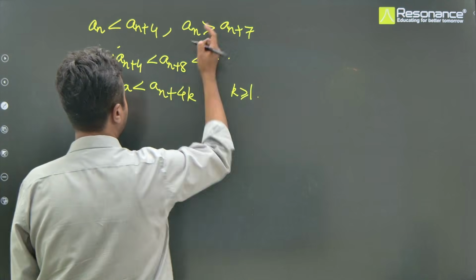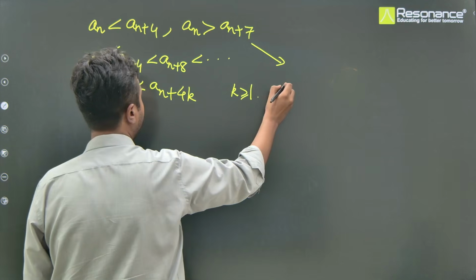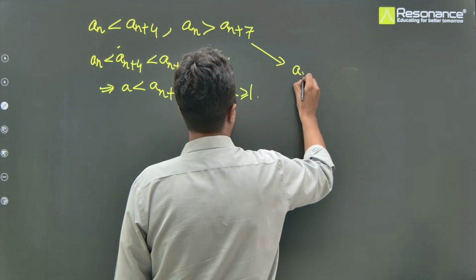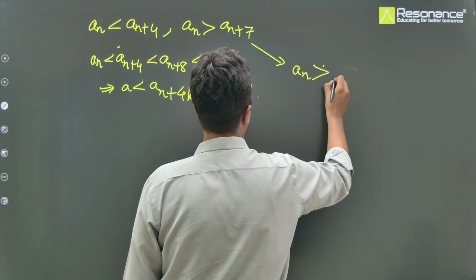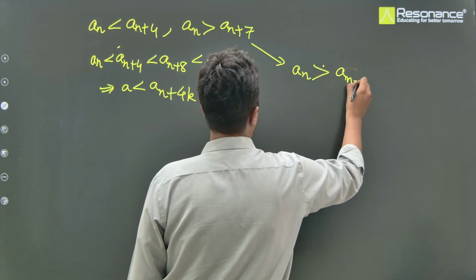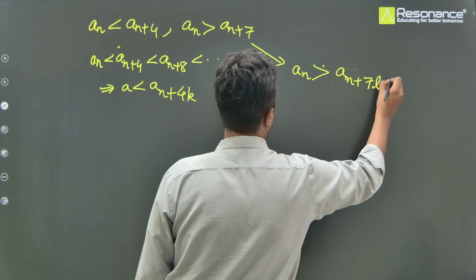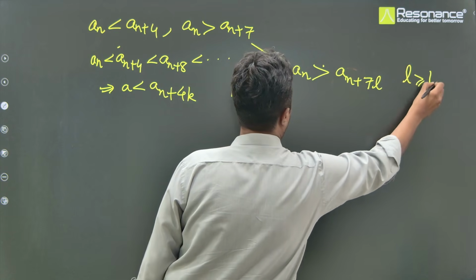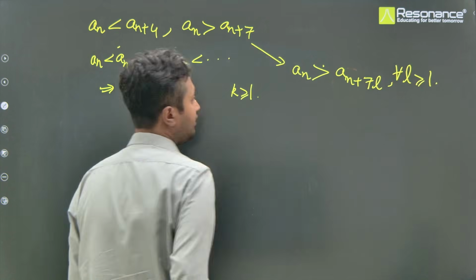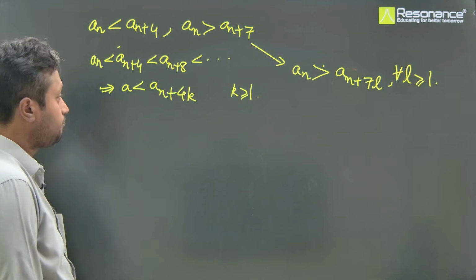And a similar consequence is that a_n has to be greater than a_{n+7L} for every possible value of L greater than or equal to 1.